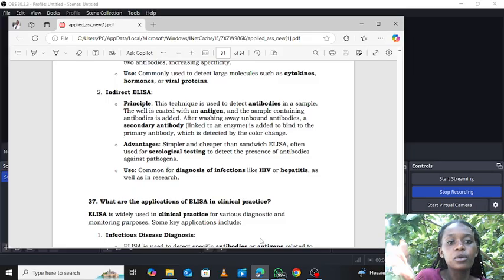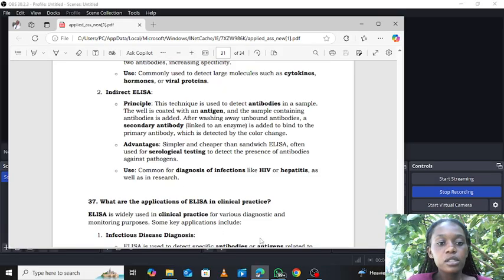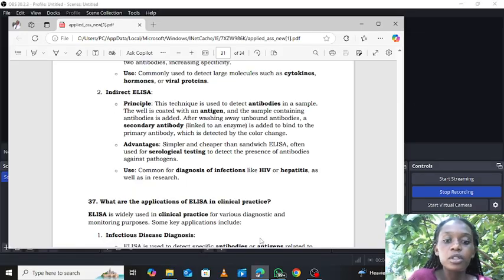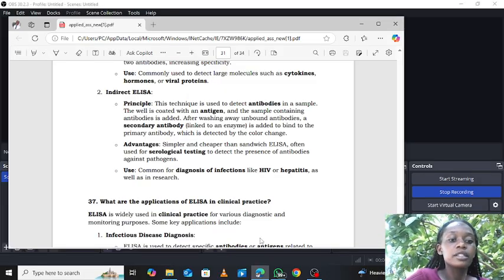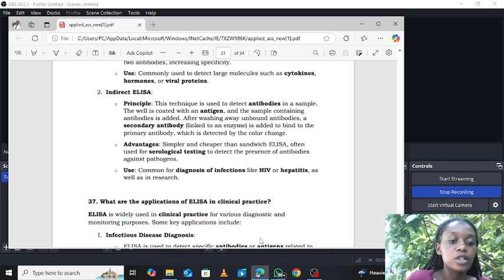After washing away unbound antibodies, a secondary antibody, which is linked with an enzyme, is added to bind the primary antibody. The secondary antibody binds to the primary antibodies, and the substrate then detects the color change.